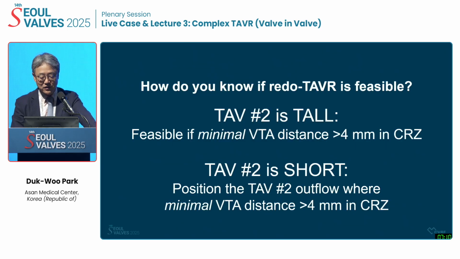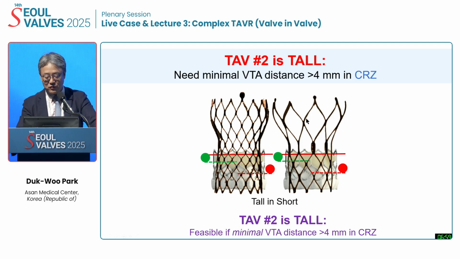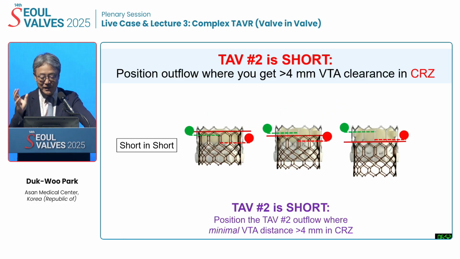At least we make sure of more than 4 millimeters of coronary risk zone. That is so important. If the second valve is a tall valve, it usually doesn't matter, since it is a wide space rather than a narrow one.